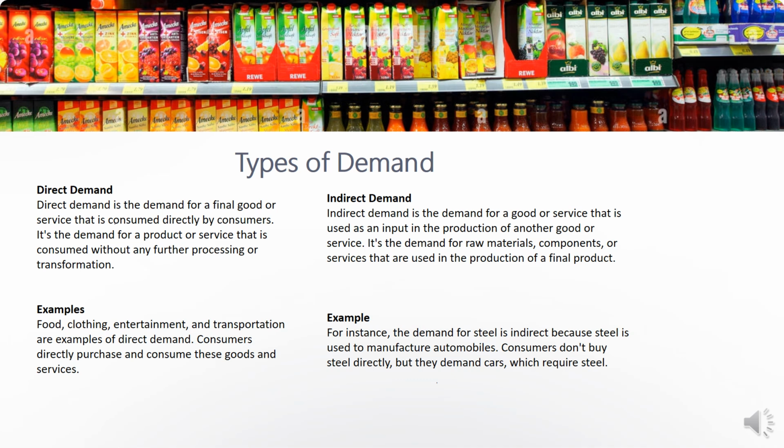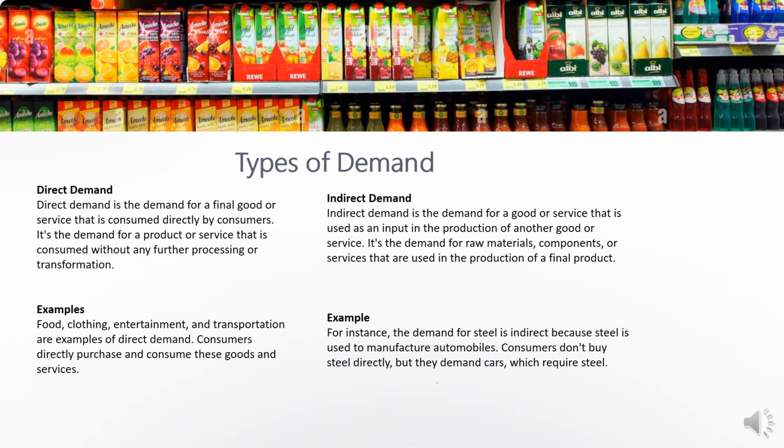So indirect demand is the demand for a good or service that is used as an input in the production of another good. So when one particular good is used to produce another good, a finished product, it is called indirect demand. For example, the demand for steel is indirect because steel is used to manufacture automobiles. We see the automobile sector needs steel to manufacture or produce their goods.